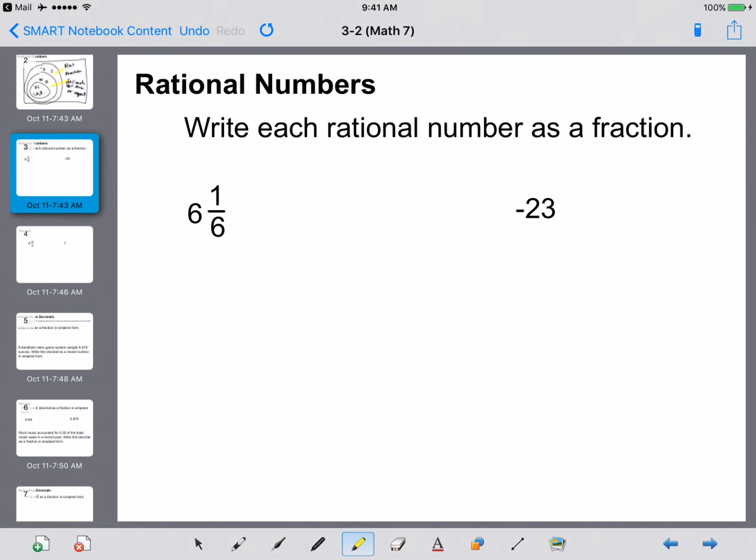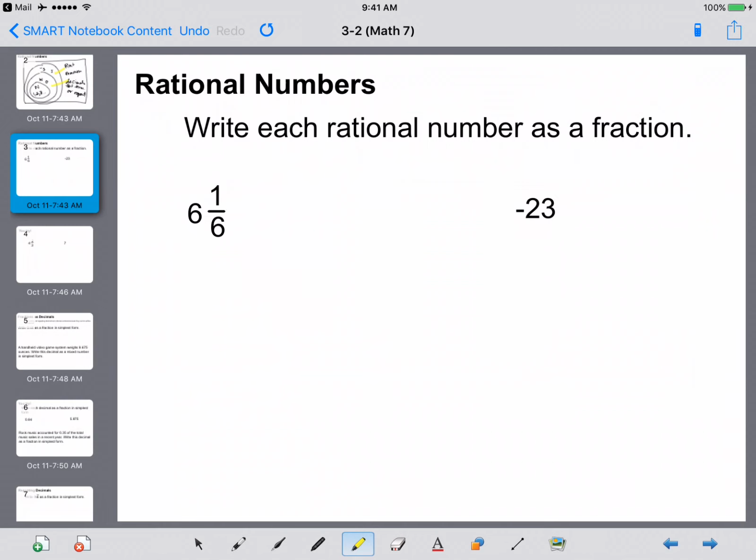So we want to write each rational number as a fraction. I think I meant as a decimal. So we're going to write each rational number as a decimal. So we have 6 and 1/6. Oh no, we're going to write it as a fraction. So 6 and 1/6, we're going to write it as an improper fraction. So we don't want any whole numbers.